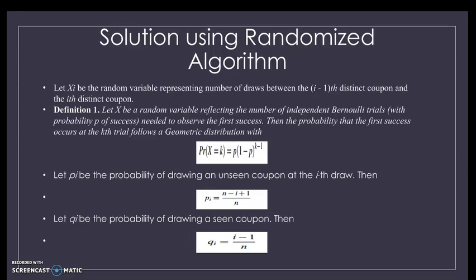So there are two probabilities we need to have, which are the probability of drawing an unseen coupon and of drawing a seen coupon. So let pi be the probability of drawing an unseen coupon in the i-th draw. The equation is pi equals n minus i plus 1 divided by n. Next is qi, the probability of drawing a seen coupon, which is equal to i minus 1 divided by n.